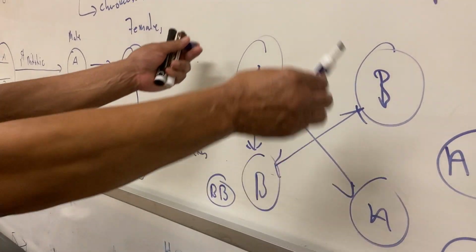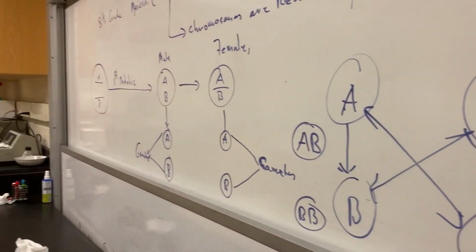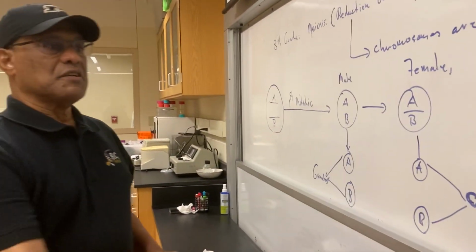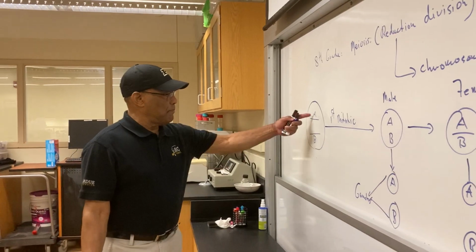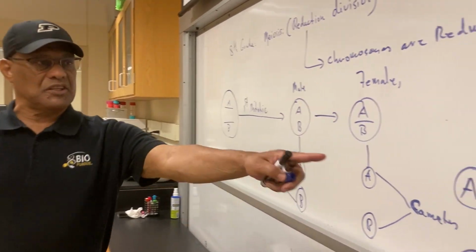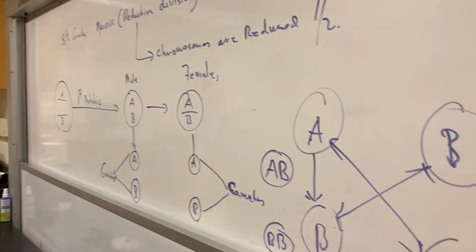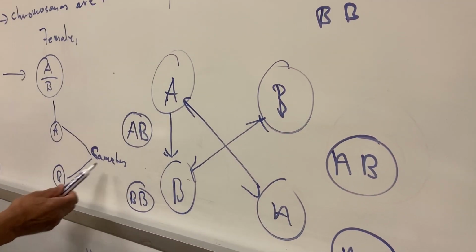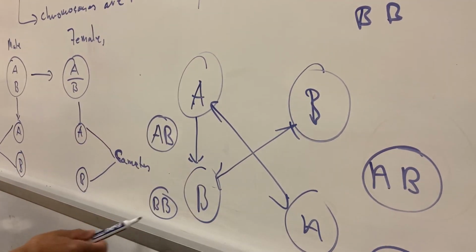This is the purpose of reduction division, to introduce variety into the population. You have AB, but now you have these combinations. So you have 4 gametes. But remember now, why I said I don't like the word cells, because these cannot function alone.